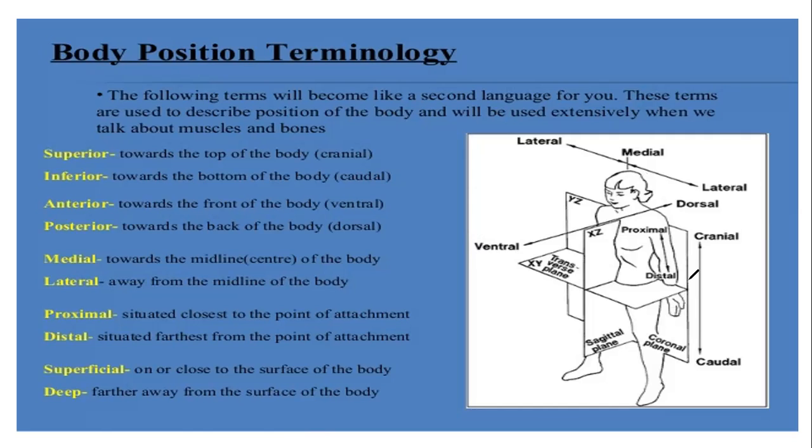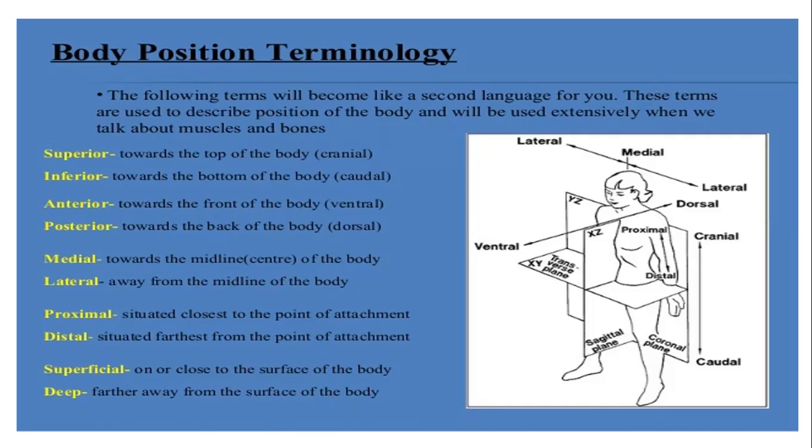The next two are superficial and deep. And we use this an awful lot as physical therapist assistants when we're talking about muscles. We have muscles that are closer to the skin or closer to the surface of the body. Those are superficial muscles. And then we have other muscles that are further away from the surface of the body.